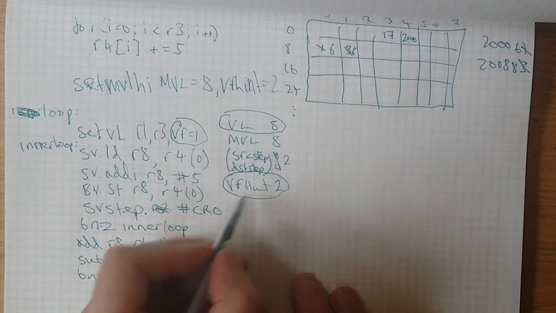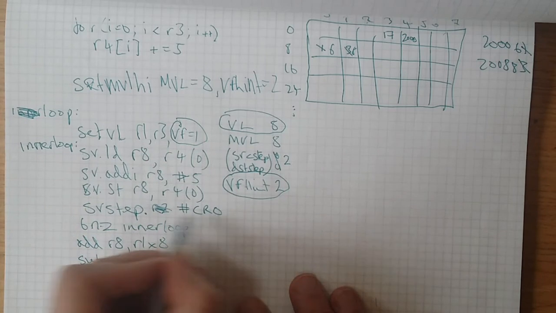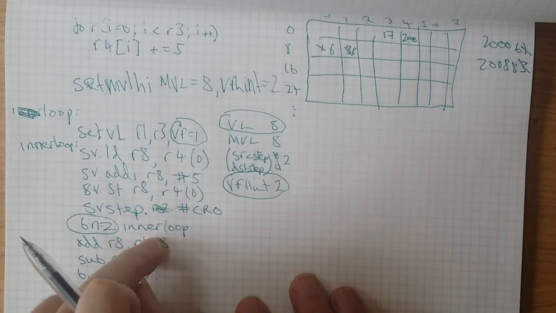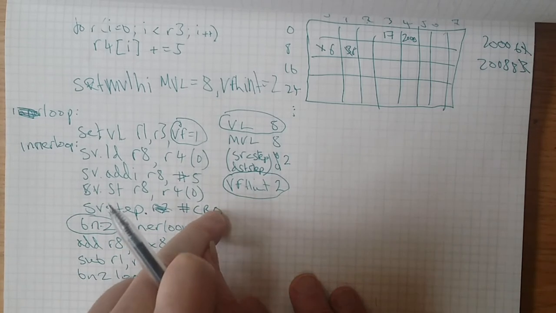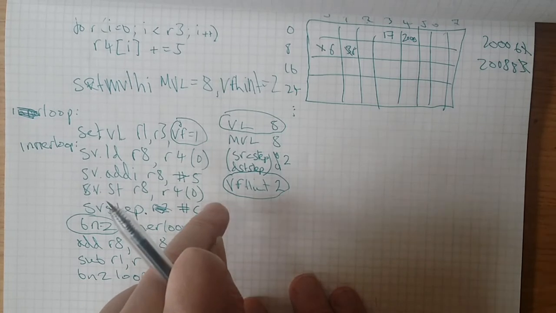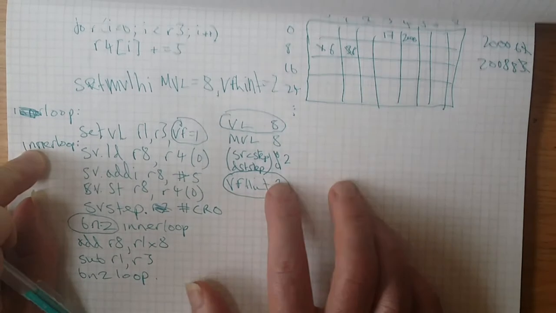And because source step and dest step have not reached VL, CR0.EQ gets set to 0, and because it's not 0, the BNZ branches back to the inner loop.